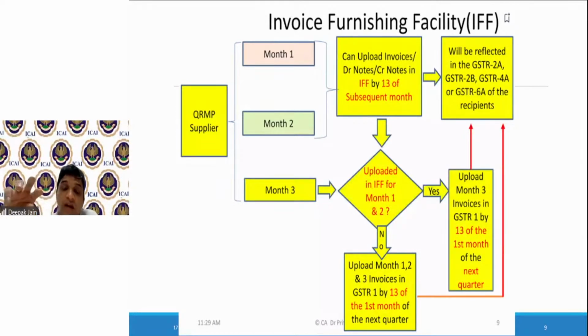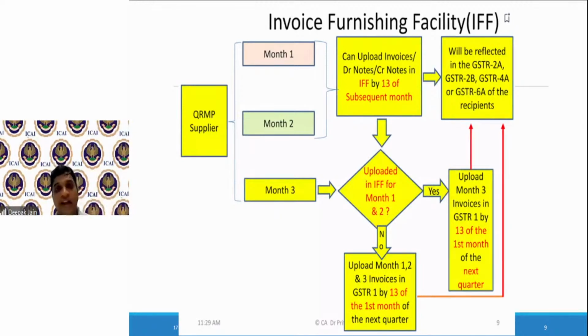So that's why under this QRMP, they came up with a scheme called the invoice furnishing facility. They said that Nagraju, you are a QRMP person, but you are making supplies to registered persons also. Now those people are waiting for you to give the credit. You collected the taxes and you're not giving the credit.